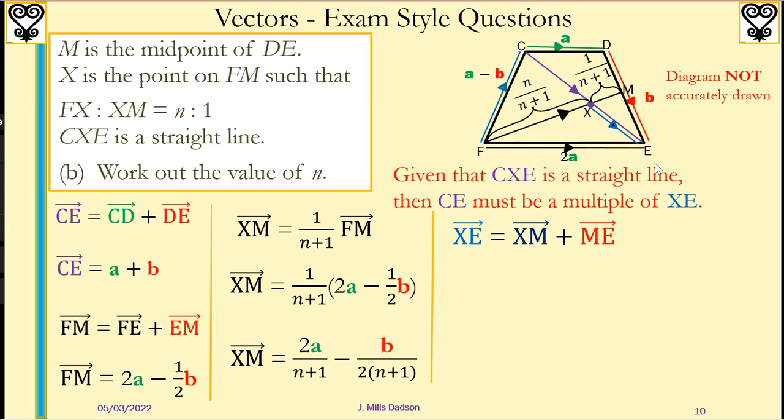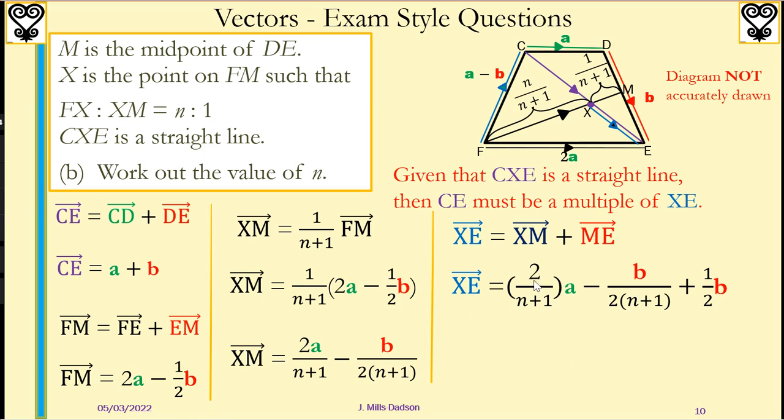So to work out my xe now, I can now use xm plus me. And I know my xm as this, and my me is simply half of b. So you have a lot of expressions now. Now here, what you need to do is try to factor out the b, because the components should be a and b.